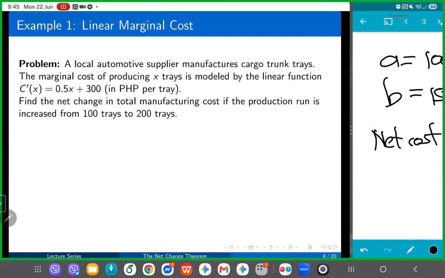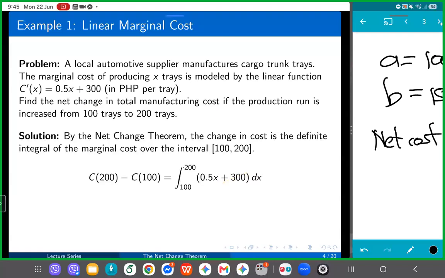So let's use the fundamental theorem to formulate the equation that will give us the net change. By the net change theorem, we have the net change in the cost, the net cost, over the interval 100 to 200, given by this.